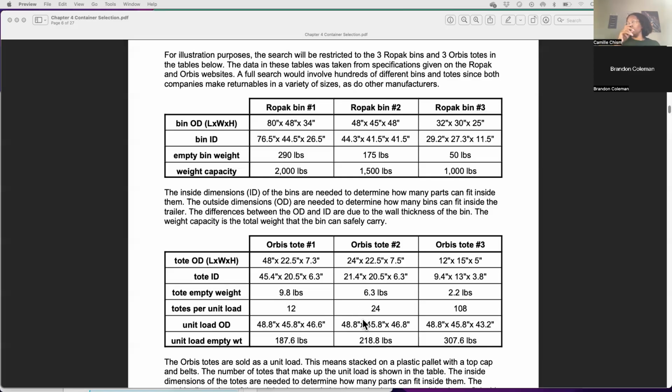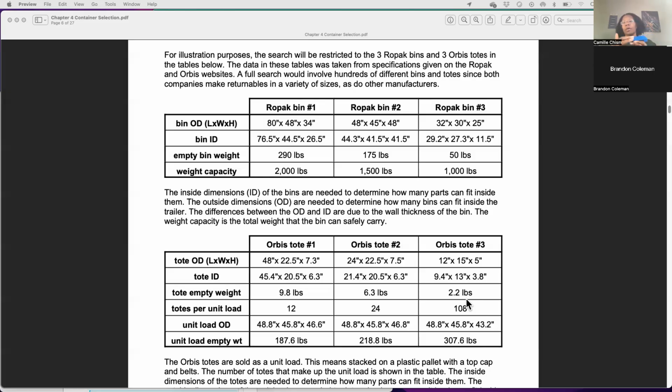Okay, this is telling you how many totes per layer. So for this one, we talked about getting, for this Orbis tote number 3, you get 9 layers, right? And I told you before, you would get 12 per layer. So that's where this 108 comes in. So again, you've got the 12 by 15 by 5. You can get 4 along the 48-inch length times 3 on the 15-inch length.